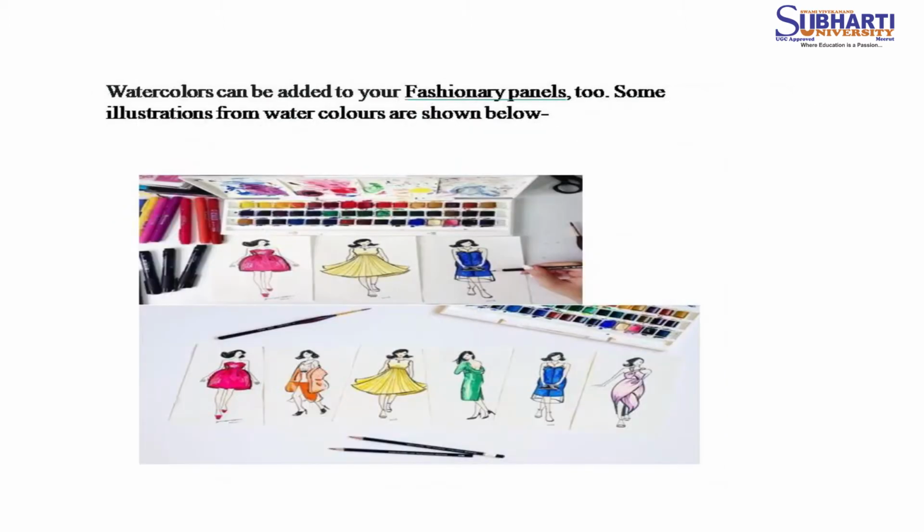In the next slide, as you can see, there are some illustrations of watercolor illustrations from watercolor pancakes. So you can make the same illustration with the help of watercolors.